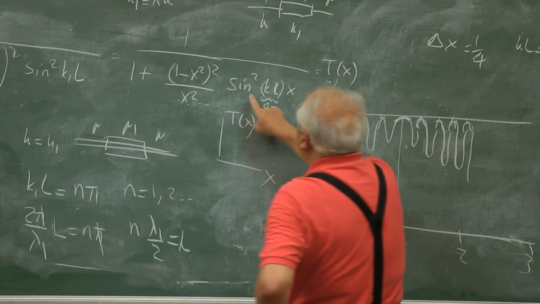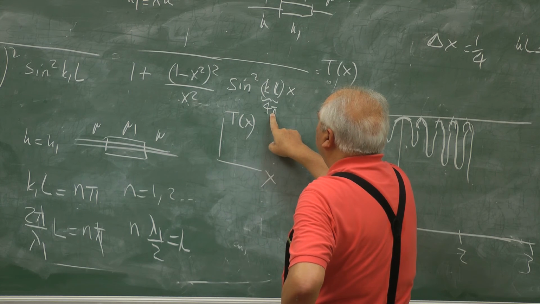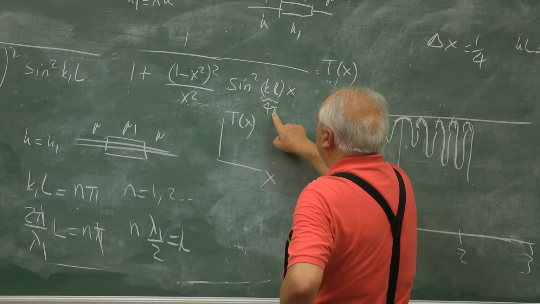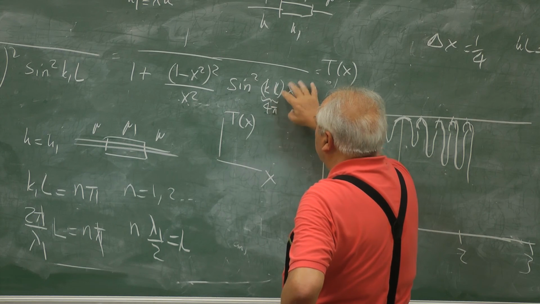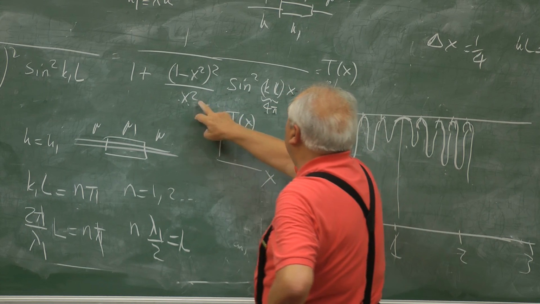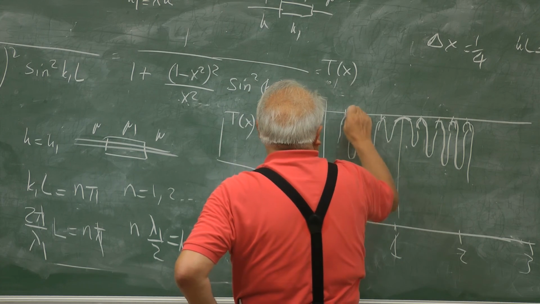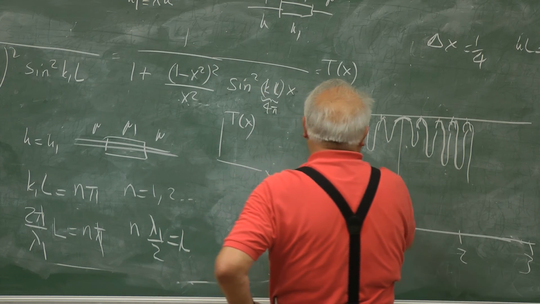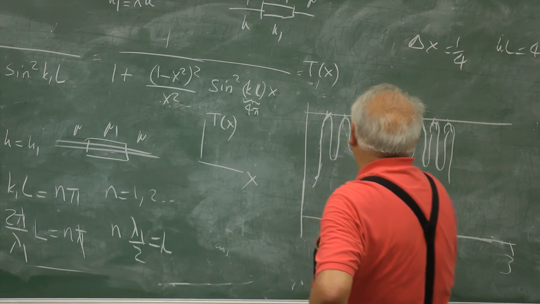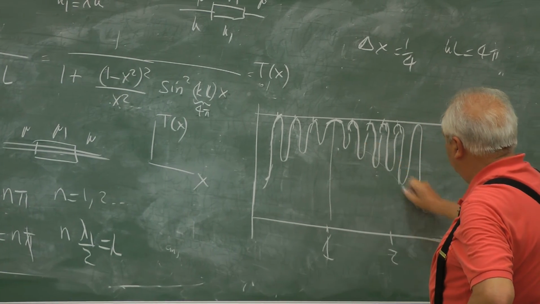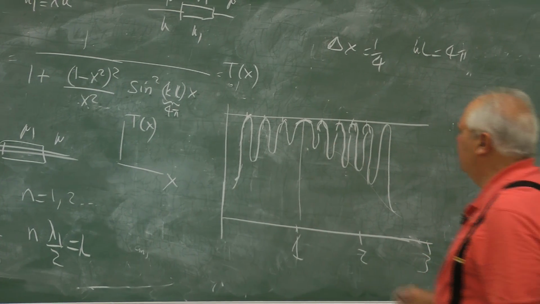Then we have the sine square. It goes as 4 pi x altogether square. So squares cancel. But there's a big number that is killing the strength. So something like this. Okay. 1, 2, 3. These are getting deeper. So this is T of x.